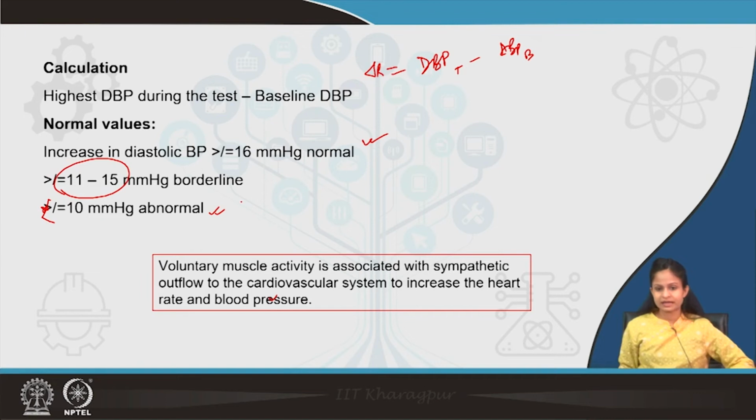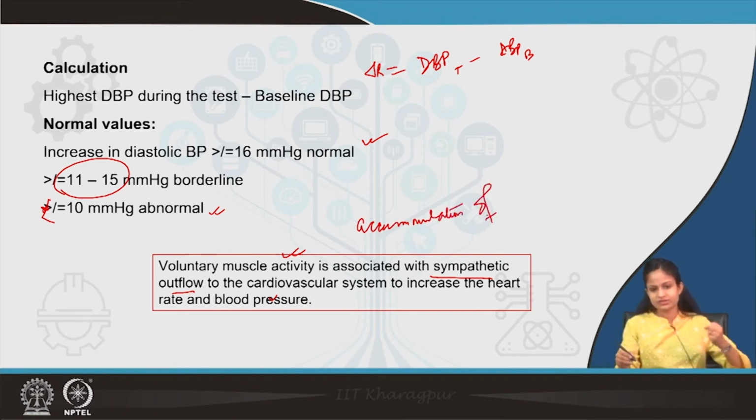Now, why is this happening? The physiological basis is the voluntary muscle activity, as I told you, which is associated with sympathetic outflow to the cardiovascular system, causing an increase in the heart rate and hence the blood pressure. The diastolic blood pressure is increased because of the accumulation of various metabolites.